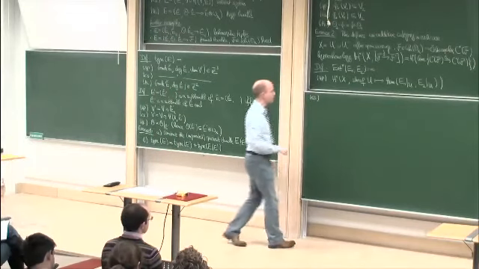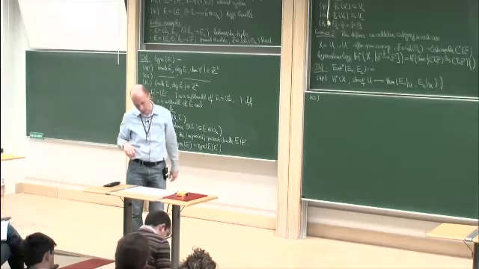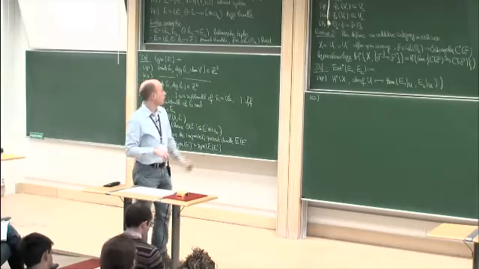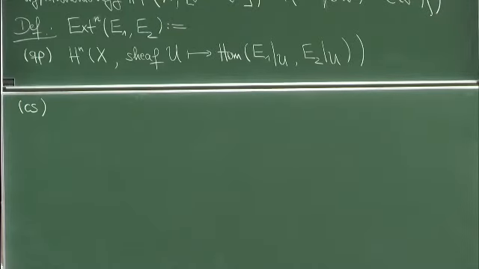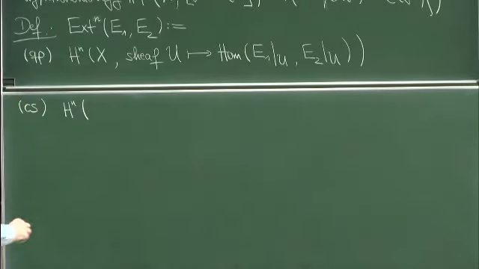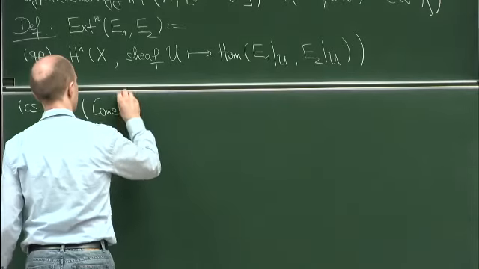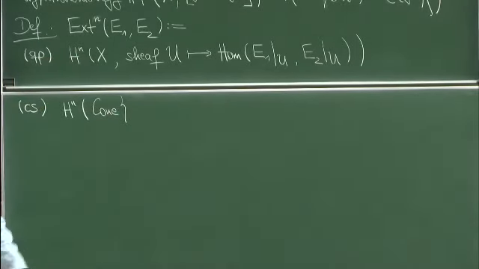For coherent systems, the expression is a little more complicated, but there still is a very explicit one. It looks as follows. So this is again cohomology of some mapping cone. So I'll just write down a morphism of complexes of complex vector spaces now.